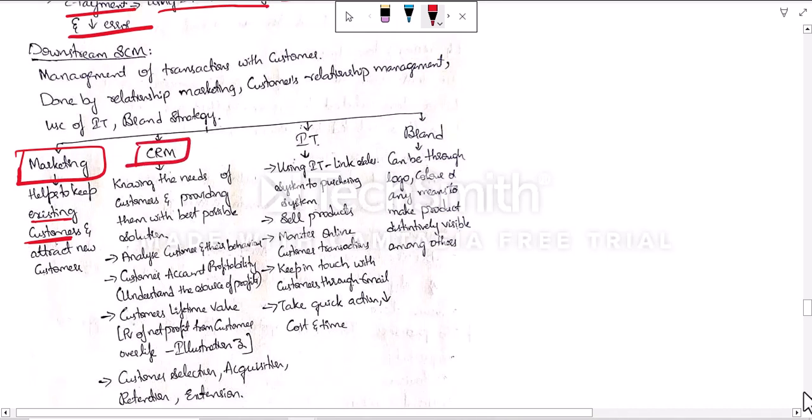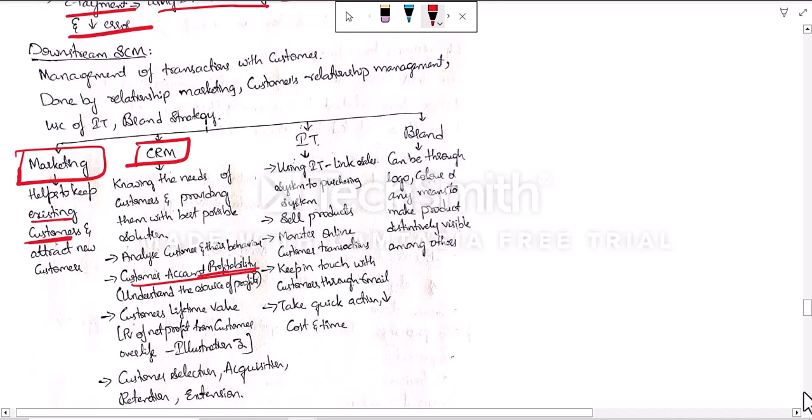And CRM, customer relationship management, means you should know your customer, and you should give what he is expecting from you. You should analyze what the customer is buying, what sales are going high, which product is highly sold, which flavor is highly sold, and the customer account profitability, meaning what is the source of profits.